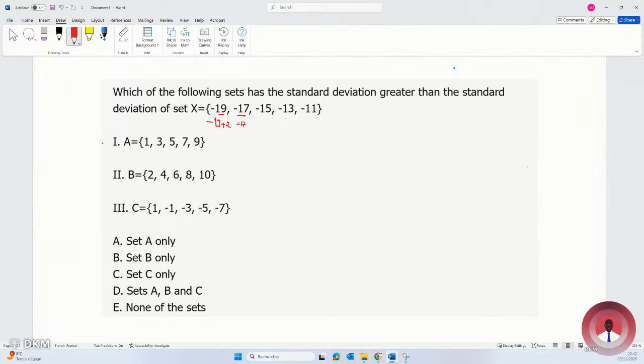The same thing if you add +2 here, you find -15. Here as well. This is also going to be -13 +2, -11.